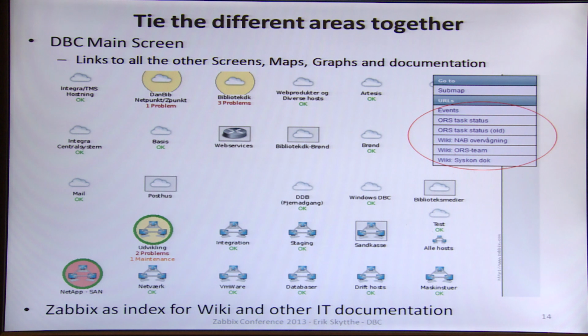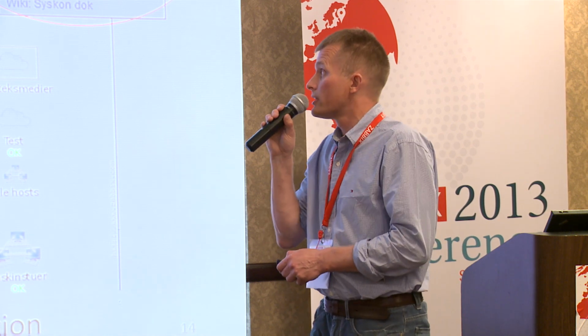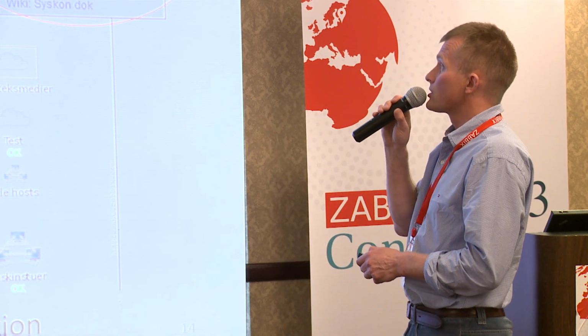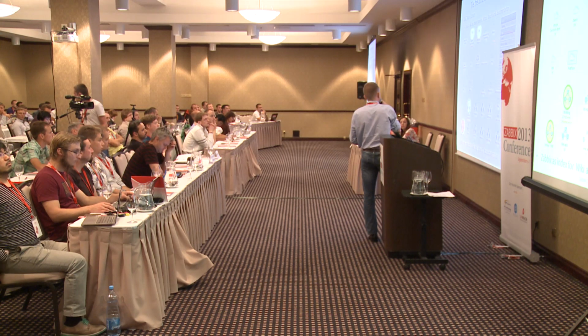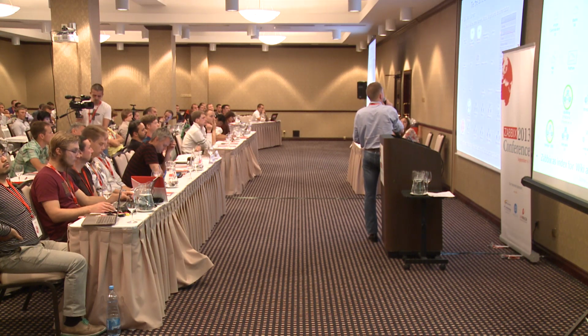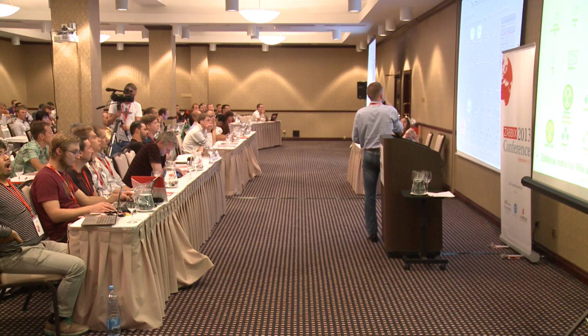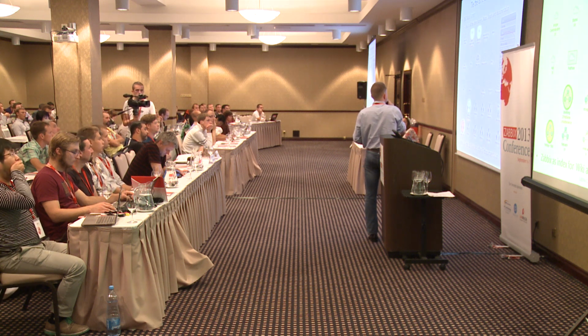I have an icon for all the main systems, also some of the middleware systems and some other things. But again, I'm taking the information from my list, from my CMDB, and I put it into this. It's rather simple. And what I also do is, for every main system, I make links. First, I make links to the documentation.